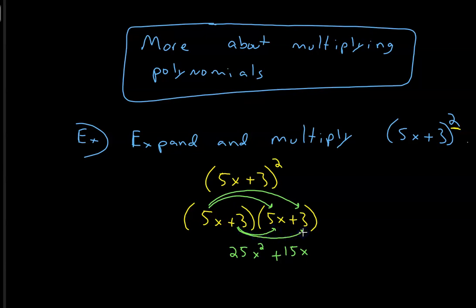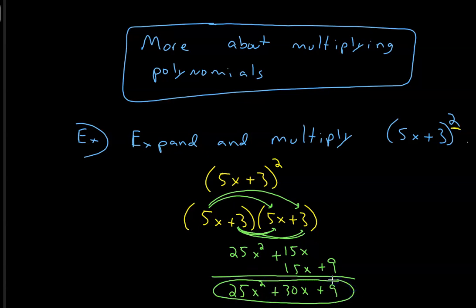And then 3 times 5x would be 15x again. And then the 3 times the 3 should be 9. So our answer should be 25x squared plus 30x plus 9. That's the answer for the expansion of that polynomial. I'll get that as a note and I'll copy it.